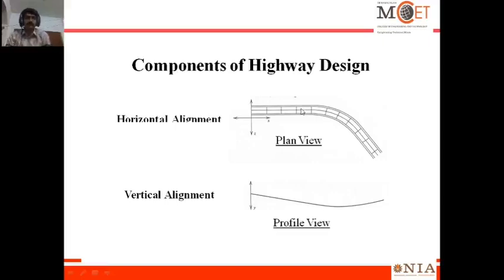And the vertical drop, the sag, has to be planned properly. If it is so deep, the vehicle can't travel. So in the components of highway design, the vertical alignment and the horizontal alignment have to be properly planned.